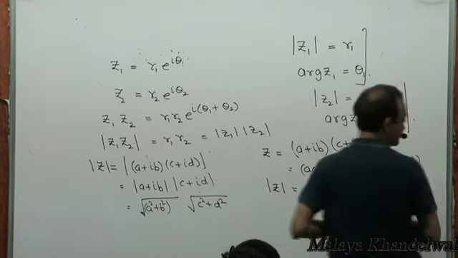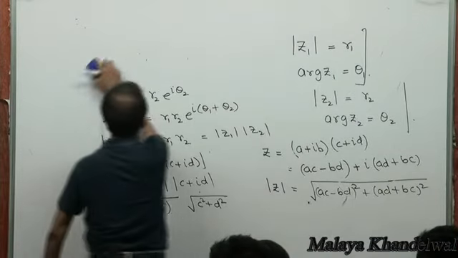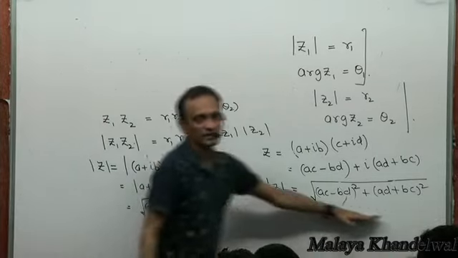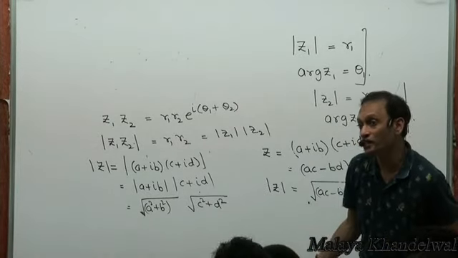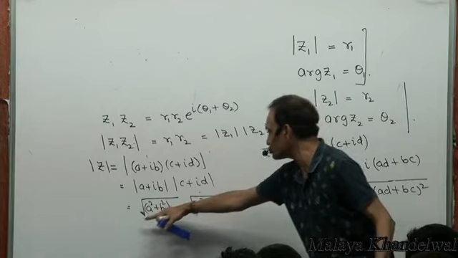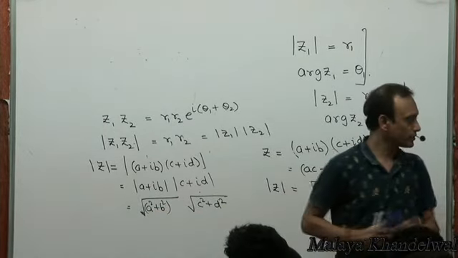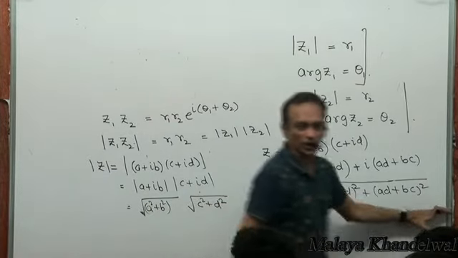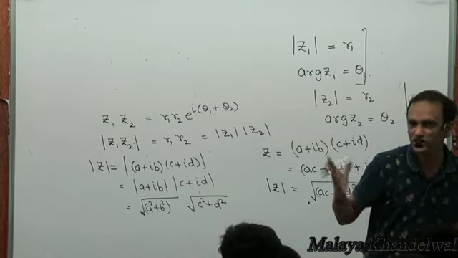In fact, noteworthy. After all, would you not expect this to be the same as this? Because both represent mod Z. So would you not expect this to be equal to this? That means the square of this must be equal to the square of this. Both would be mod Z squared.